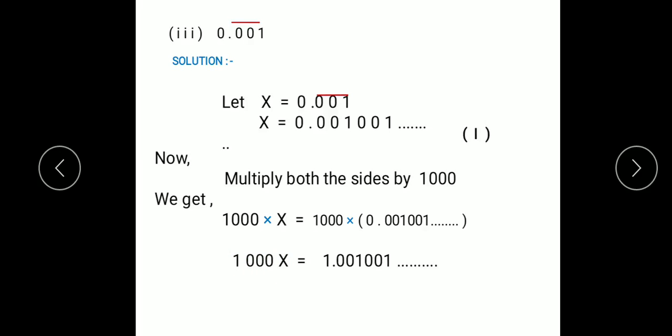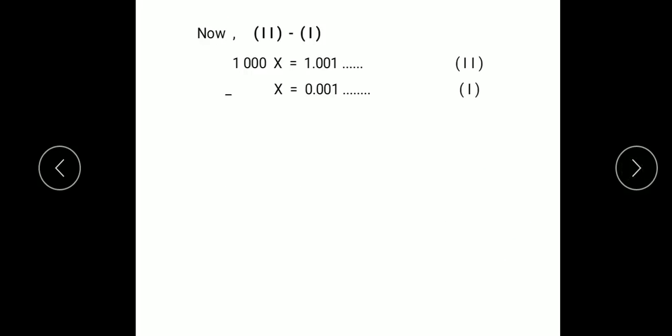On the right hand side, since we multiply by 1000, the decimal point will be shifted 3 digits to the right, and we will have 1.001001... as the product on the RHS. Let us label this statement as 2. The next step, yes, is to subtract statement number 1 from statement number 2. So when we do so, let us see what the result is.